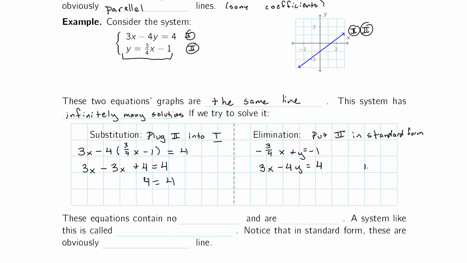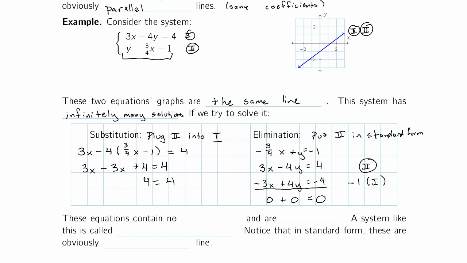And remember that this was equation 2, just rewritten in standard form. And we've already noticed that something's wrong, right? Because that looks a lot like equation 1. In fact, it's exactly the same equation. But just to carry this through to its conclusion, I'll take -1 times equation 1, -3x plus 4y equals -4. And when I add those together, I get 0 plus 0 equals 0.